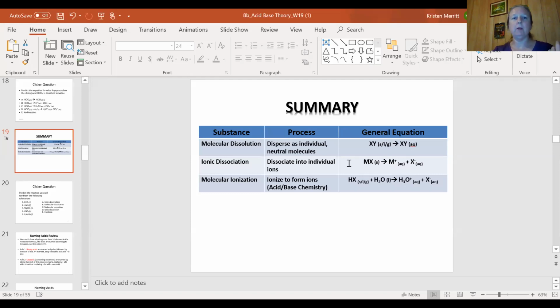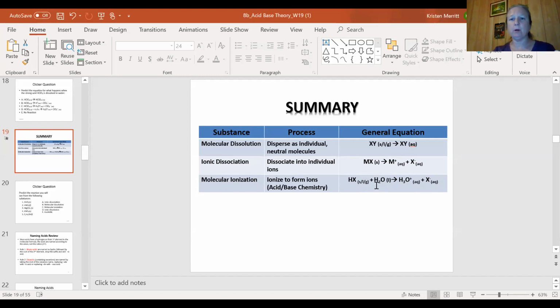That's all you put. The molecular ionization, you have a chemical reaction, so you have to have two reactants. In this case, it's the acid and water. Again, this is an aqueous reaction, but water is reacting with this acid to give you hydronium ions and the anion. Now, these are examples where water is acting as an acid. You can also have water act like a base.